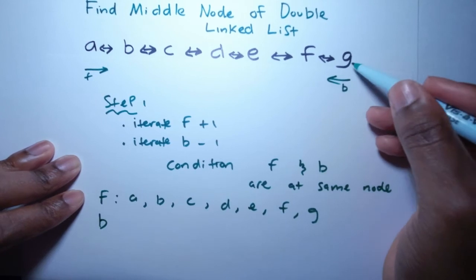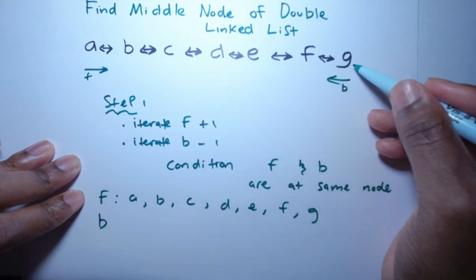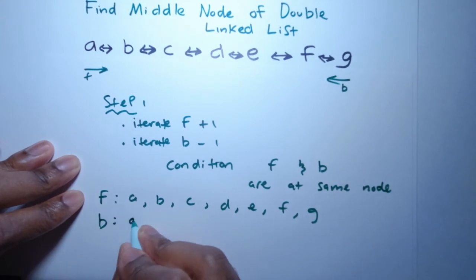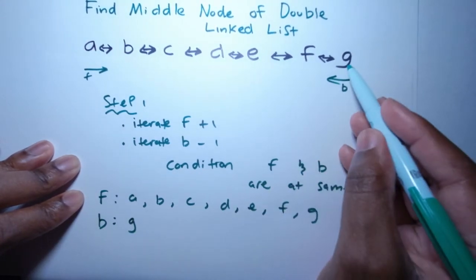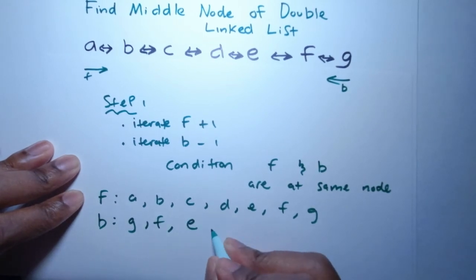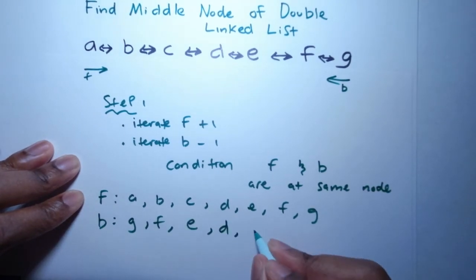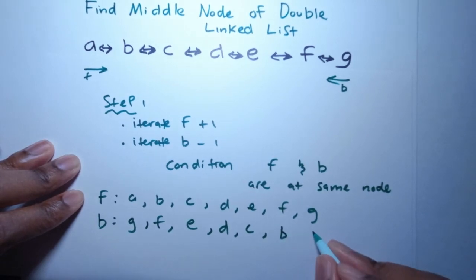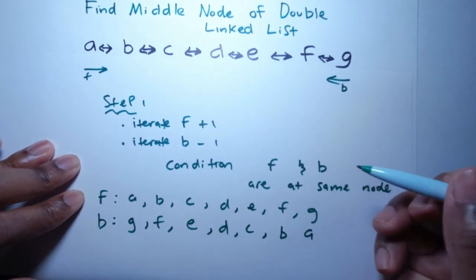Now, if you're starting here with this iterator that's going backwards, we're doing everything backwards. So you first start at G, right? Then you go to F, then you go to E, then you go to D, then you go to C and B and A. All right, so what do you notice here?